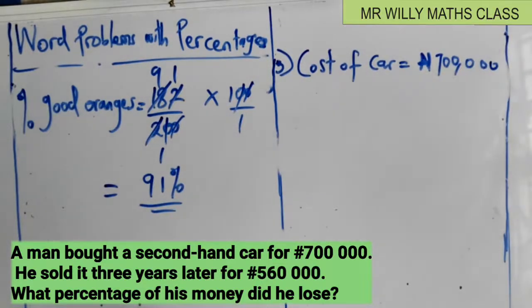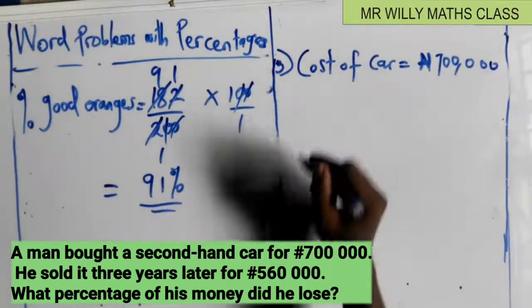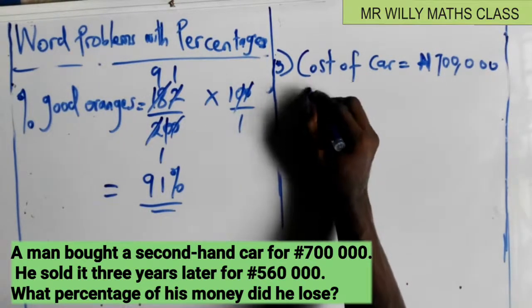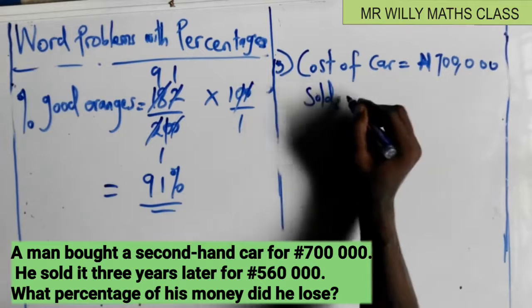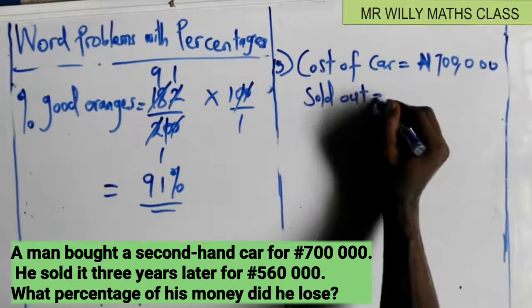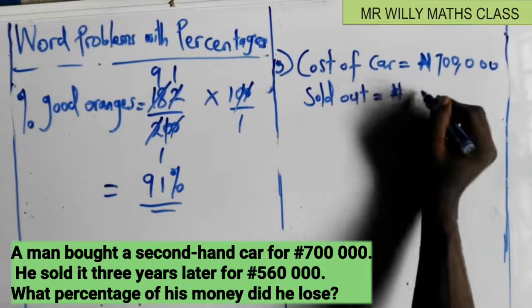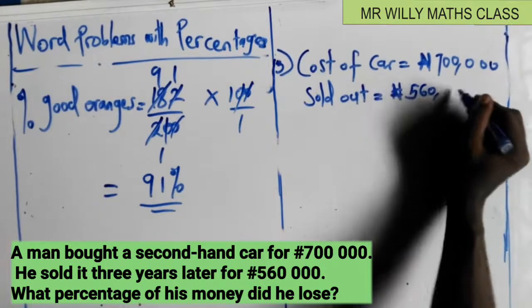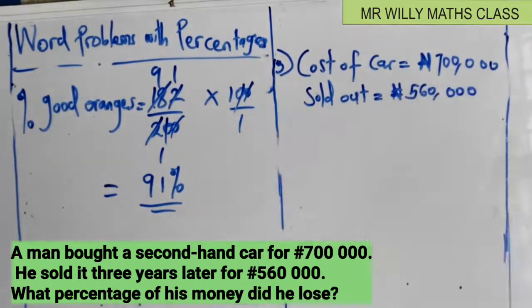And the owner of the car sold it after 3 years for 560,000 naira. So it was sold out for 560,000 naira.